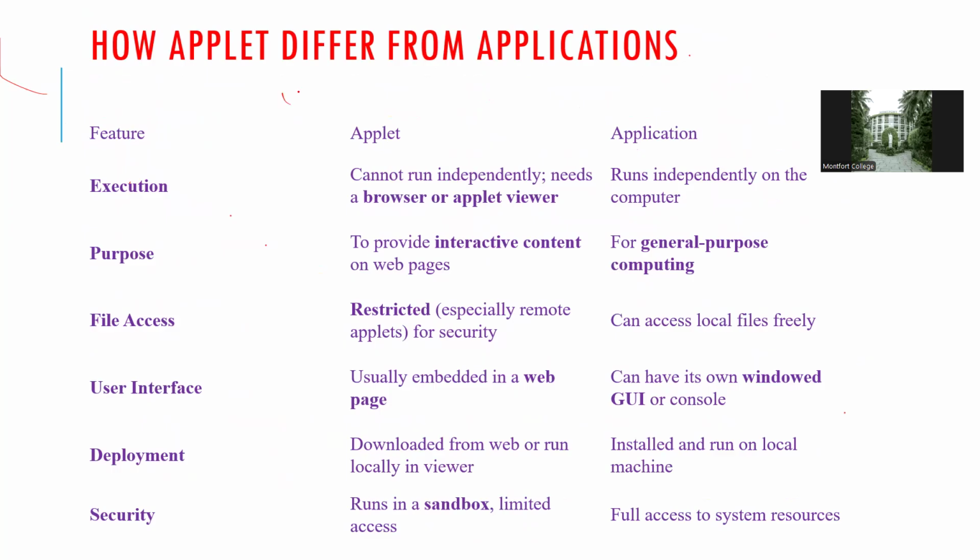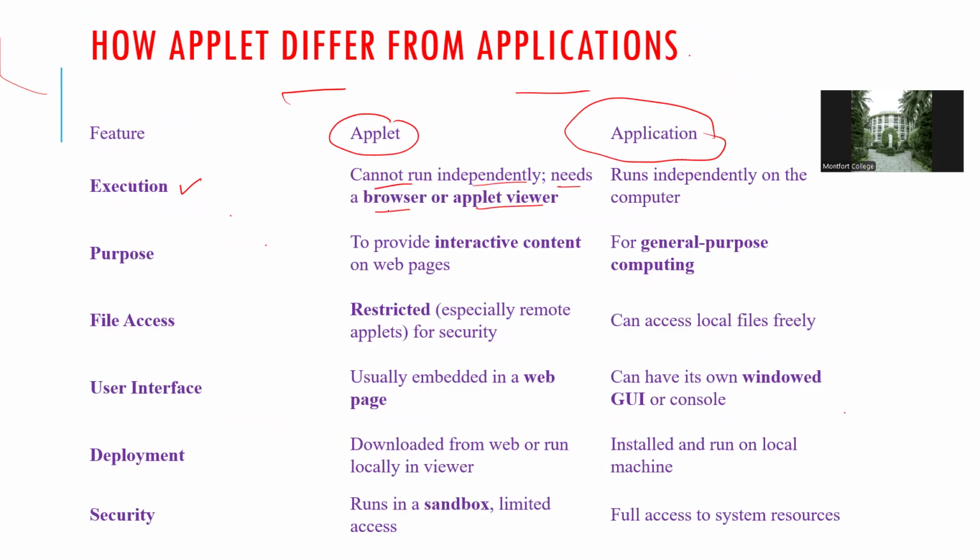Now, how does applet differ from applications? Here we have applet and here we have application. First, in execution: an applet cannot run independently. It needs a browser or applet viewer, as I said before.